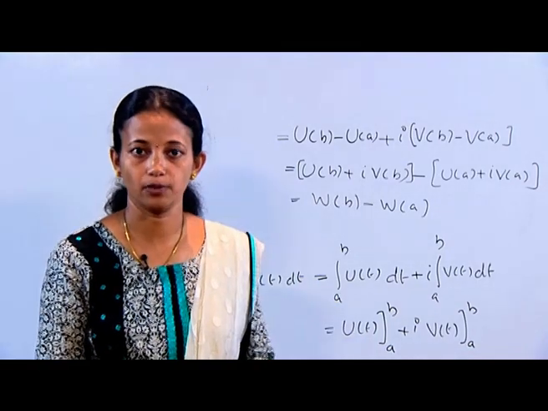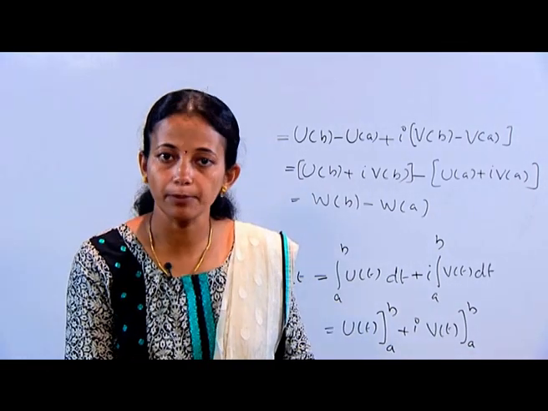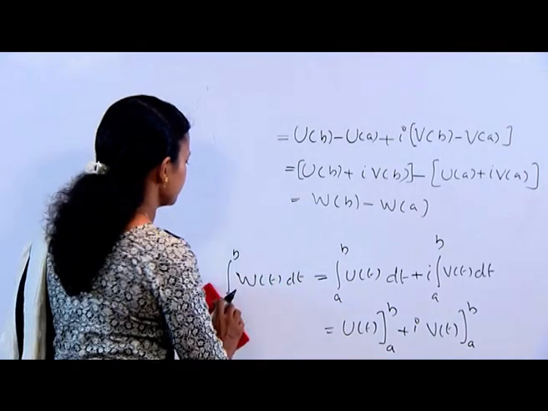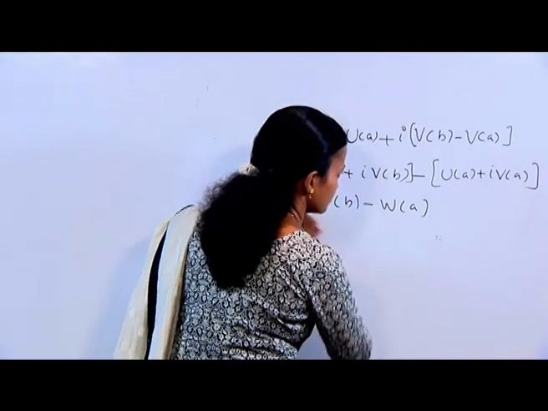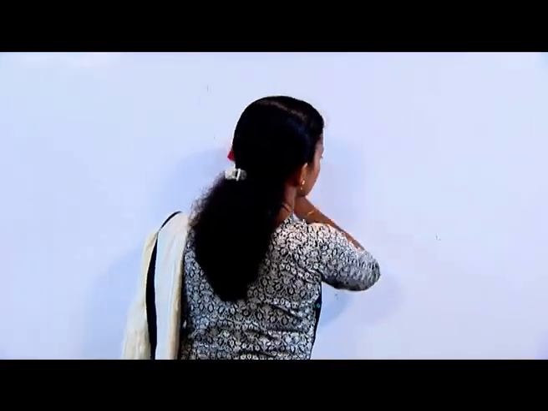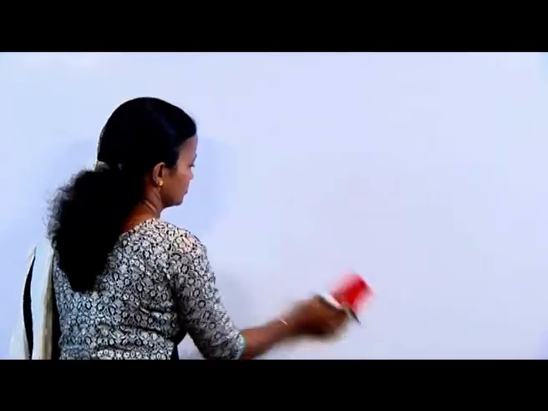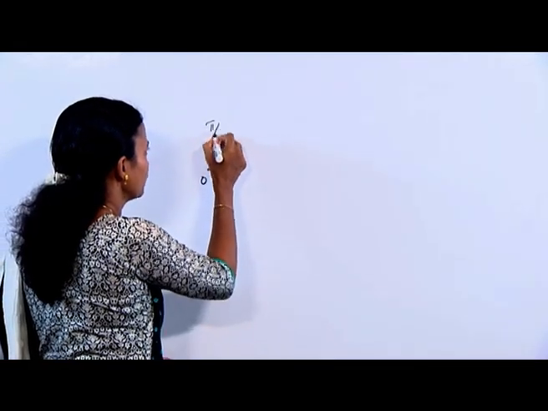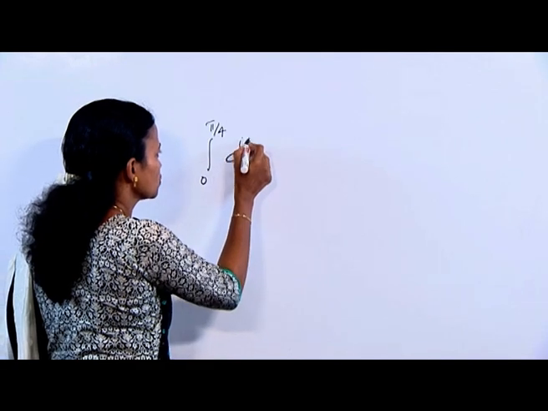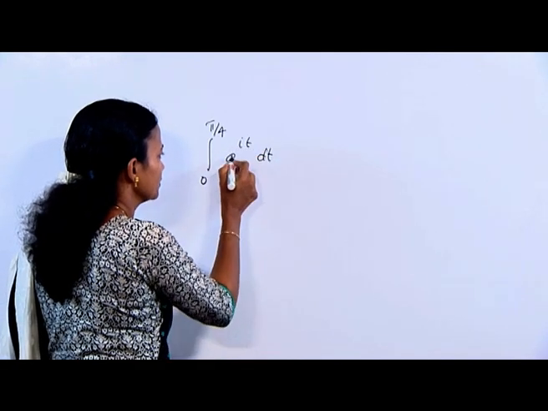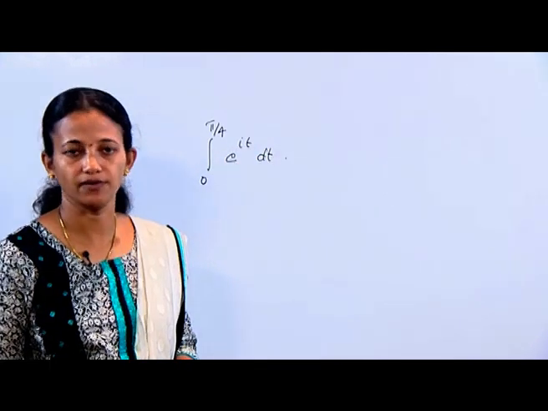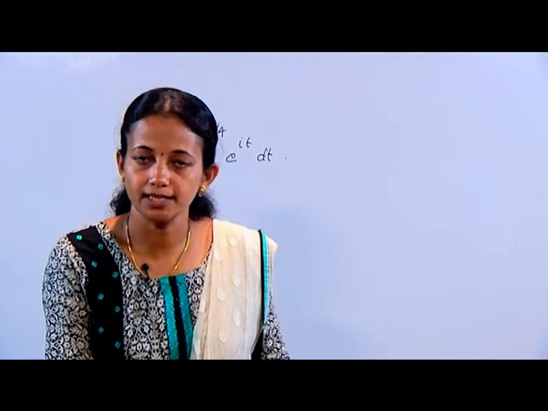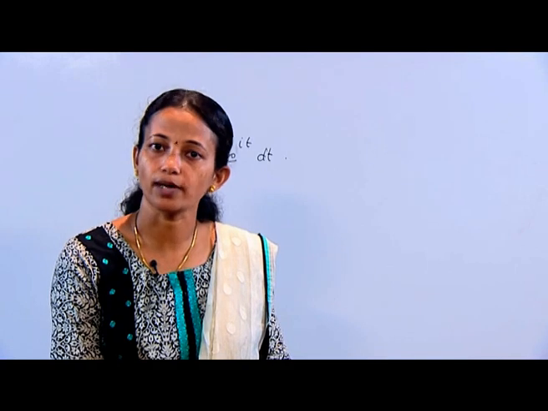Next, we have to evaluate integral 0 to pi by 4 e raised to i t dt. This I have to evaluate. We have d by dt of e raised to i t is equal to i e raised to i t.